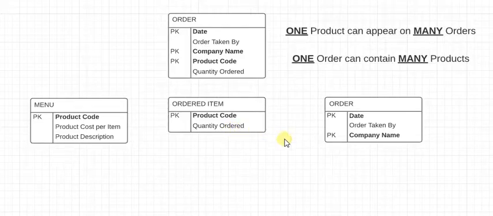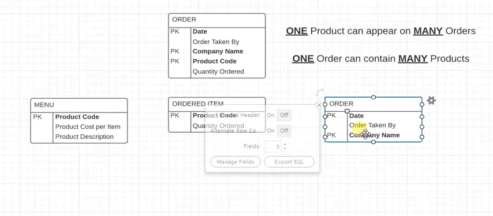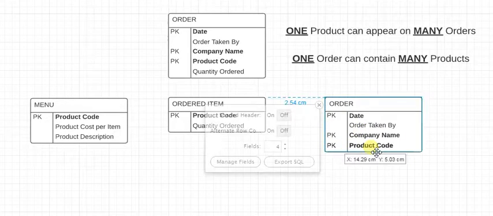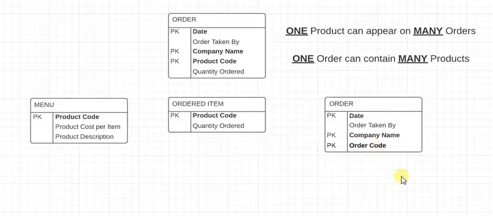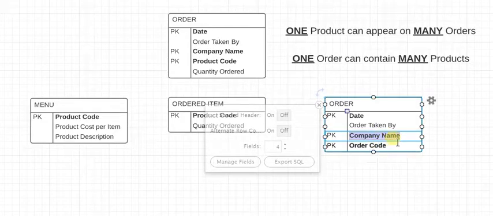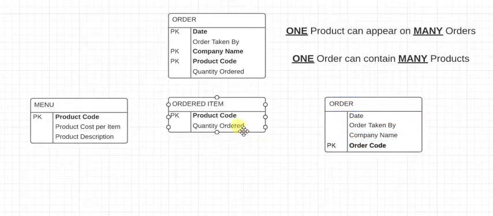So it may be simpler to change this so that we have another field which is called the order code, and make that a primary key, and then company name and date are no longer a composite key. So I'm just thinking in terms of efficiency in here.